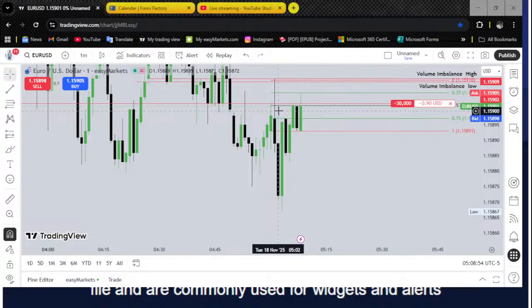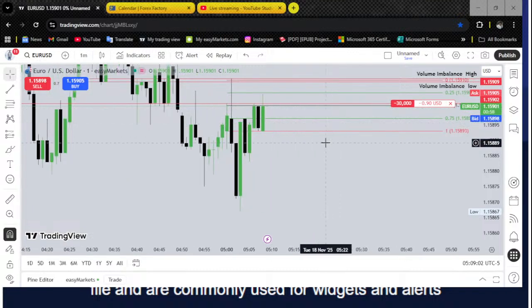What I don't expect is the market to close above this black line and this black line, to close above.